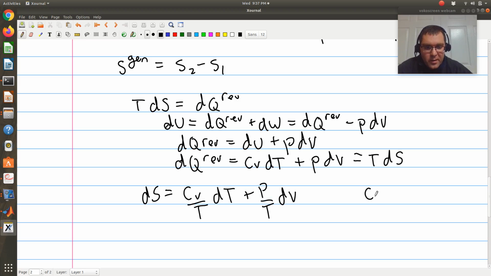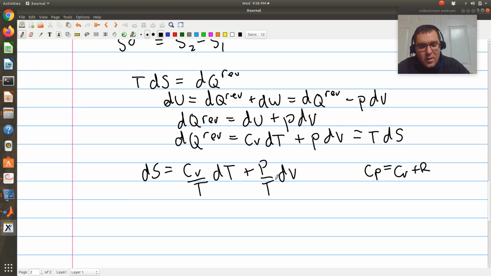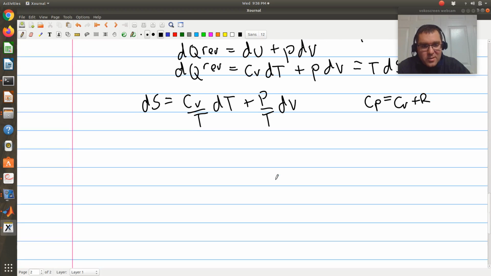Now remember, for an ideal gas, Cp is equal to Cv plus R. We're dealing with an ideal gas, so this is where we put on our ideal gas hat, if you will. We're given a value of Cp and it's constant, so Cv must therefore be constant as well.